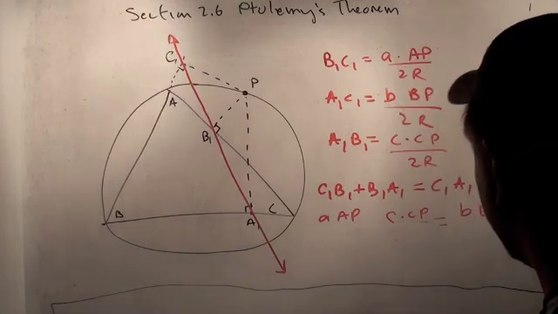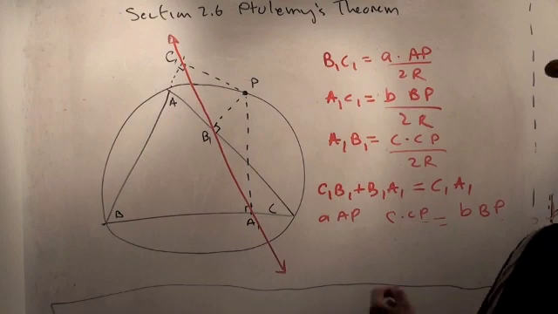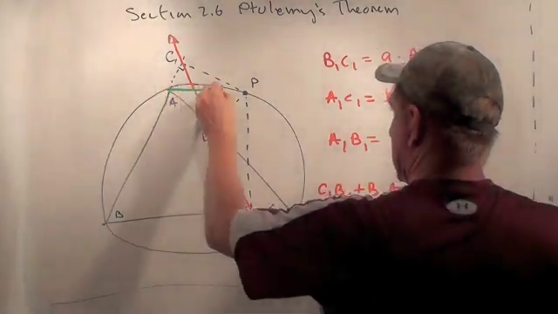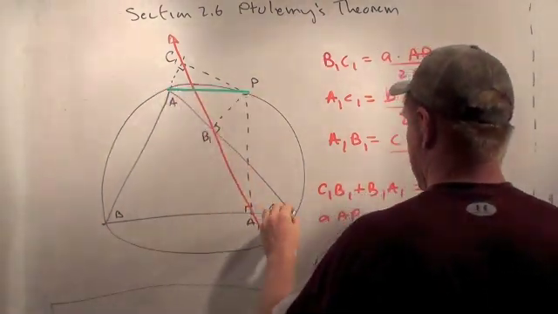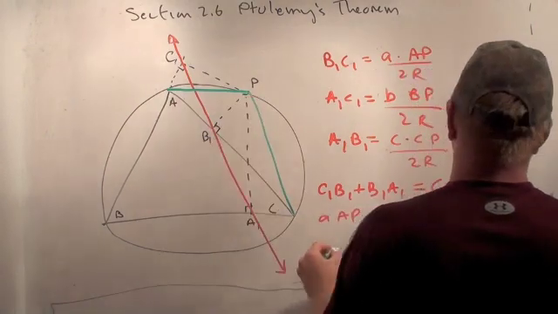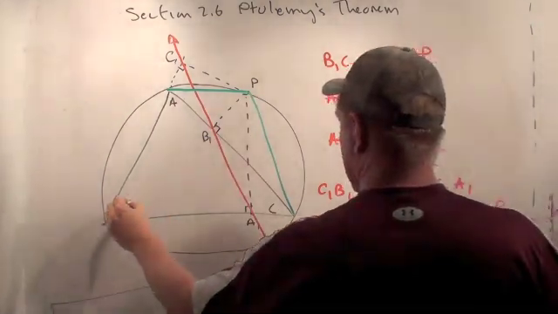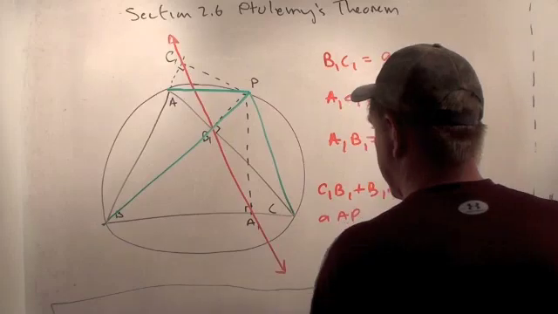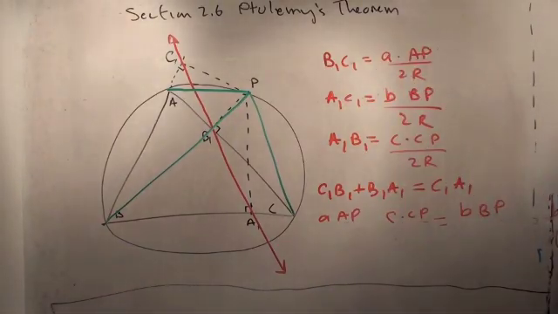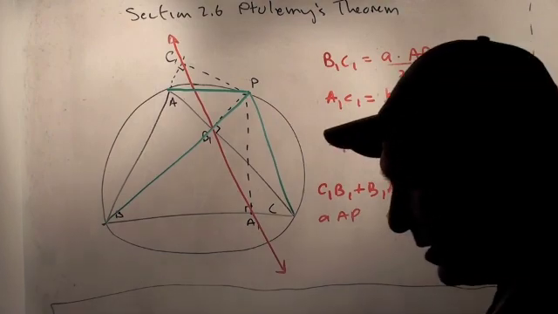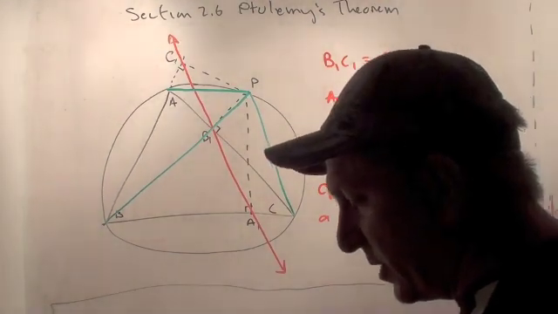So let me draw in green AP, CP, and BP. And let's, what color would be good here?